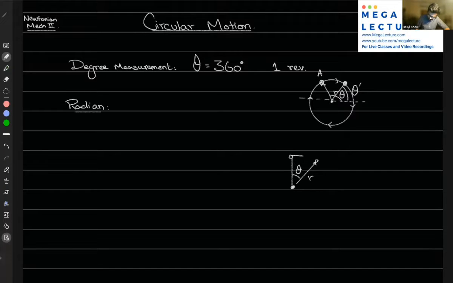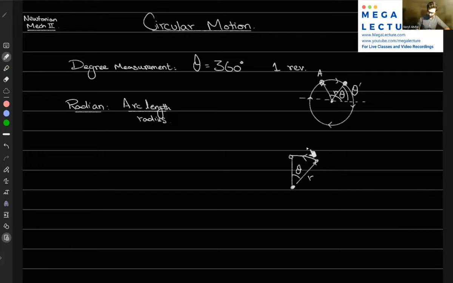And the arc length is really this path or this trajectory that it covers. Now, 1 radian is defined as the ratio of the arc length of this path divided by the radius of the circular path. This just means that 1 radian is the angle that is subtended at the center of a circle by an arc which is equal in length to the radius, right?